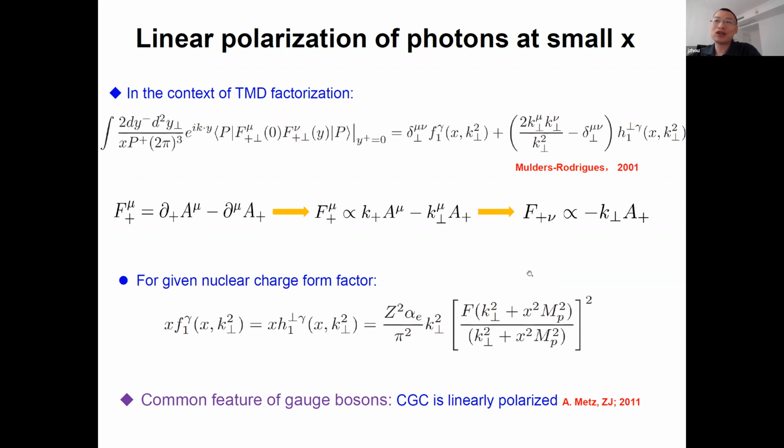For the electromagnetic case, the linearly polarized photon saturates the positivity bound. But for the CGC case, you have to take into account the saturation, namely the gluon multiple rescattering effect. This will make the polarization smaller. That's also in your paper, Jian.